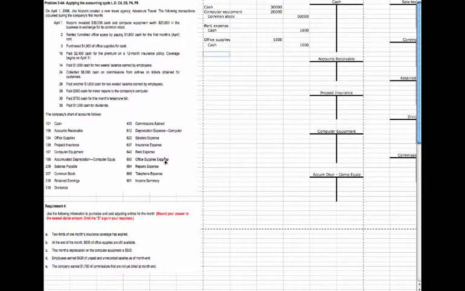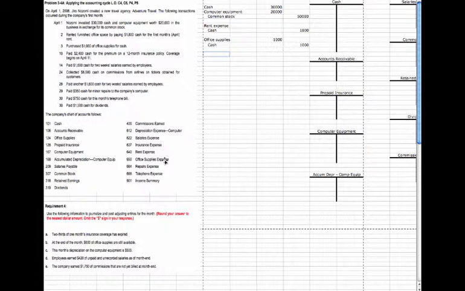Next, on the 10th, we paid $2,400 in cash for the premium on a 12-month insurance policy. Coverage begins on April 11th. Since this policy is going to be good for 12 months, we know we're paying in advance, and because we're paying in advance for 12 months' worth of insurance, we need to spread the cost of this $2,400 over the 12-month period.